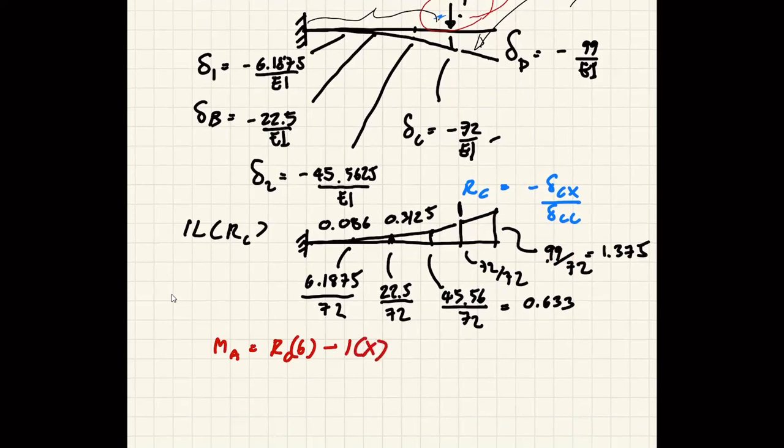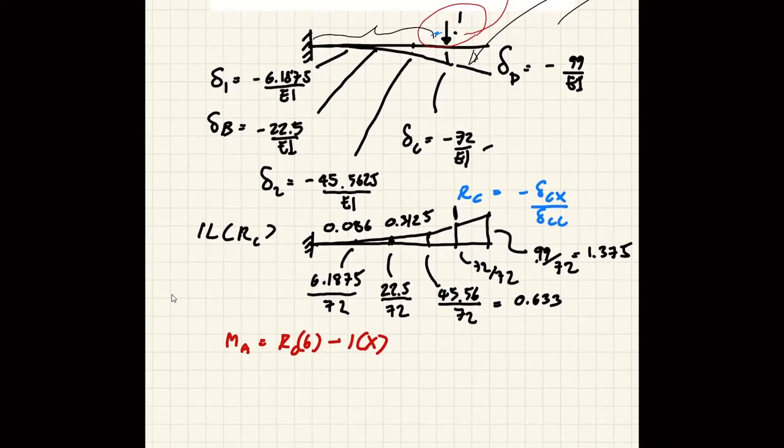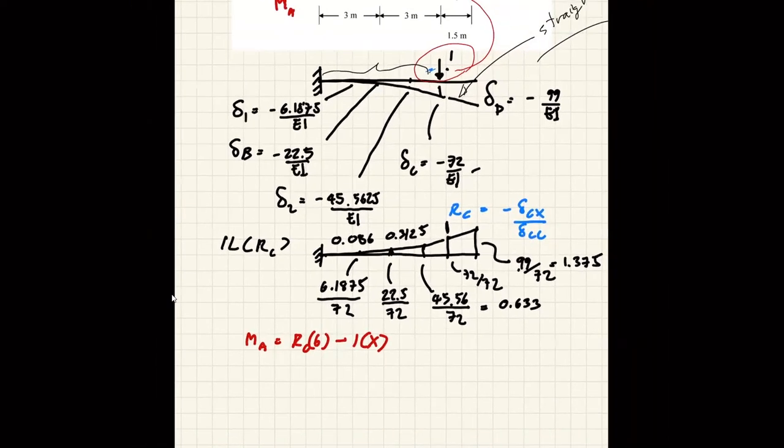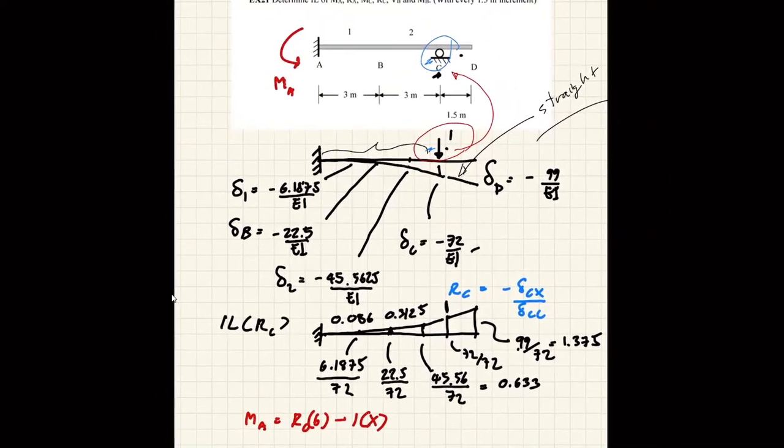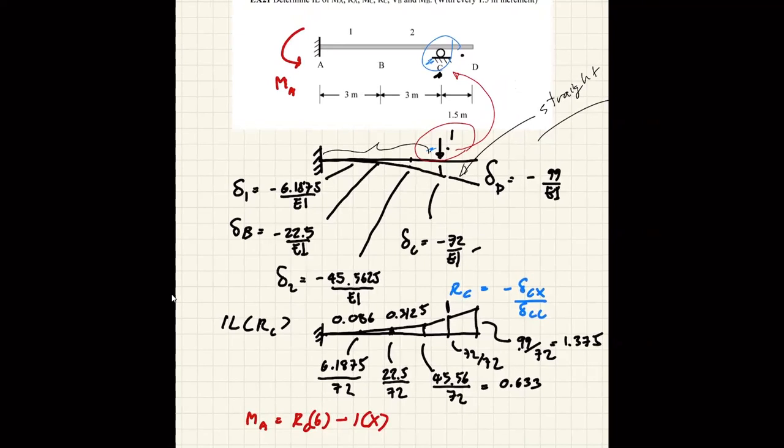Let me try to incorporate the picture of the beam into your vision. Okay, MA is there. Once you know RC is this one. Okay, RC and the unit load is somewhere.